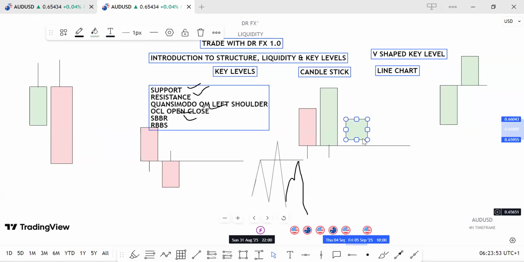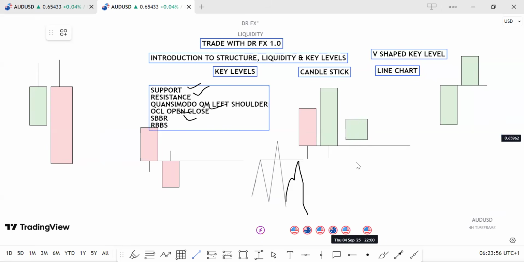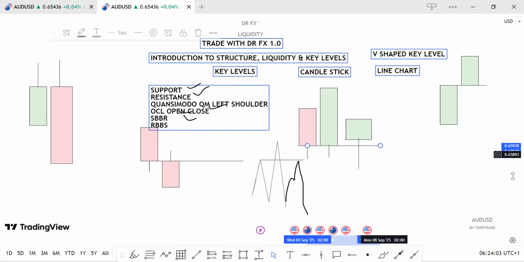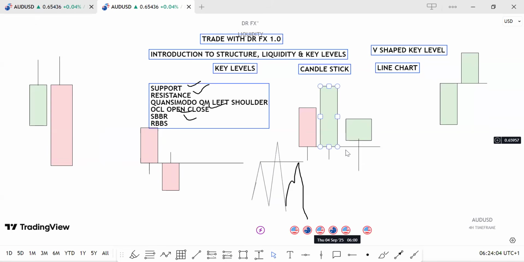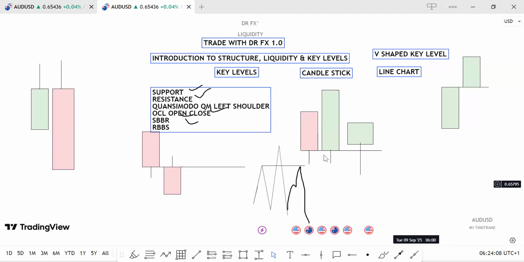So now, if the next candle came here and respected the line, that is, touches your line and then closed like this above the line, we would say this key level has been what? Respected. Remember, if we have this V-shaped key level, the market came into any key level you're expecting to tap.